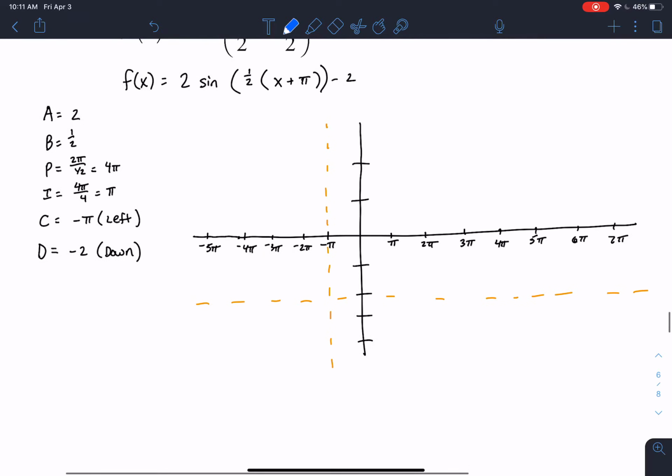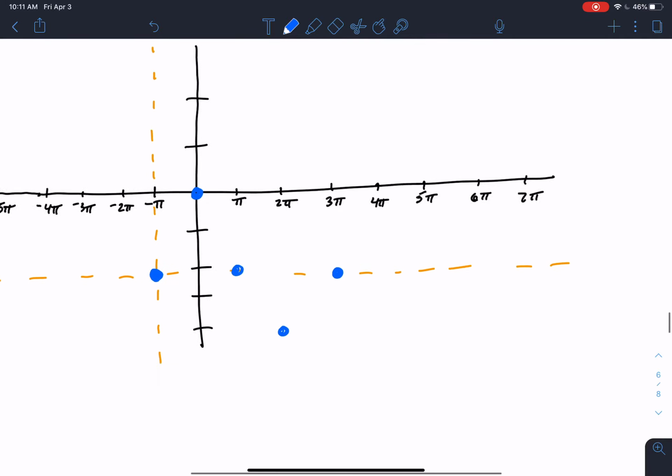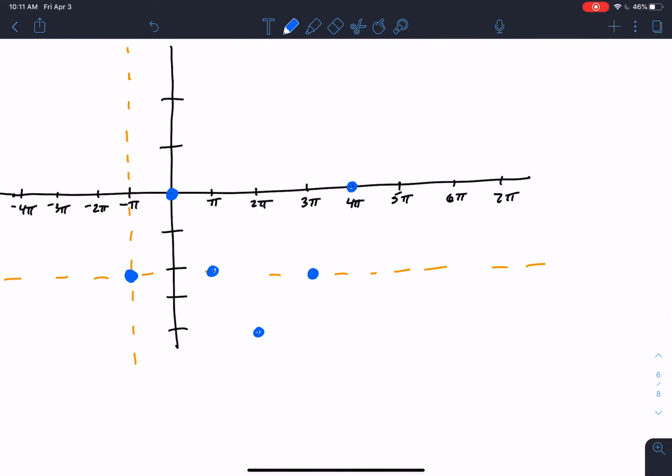Okay, so we have sine, so we're going to start at the axis here. Okay, so where those two intersect, right, that's your first point. That's your axis point. And then you're going to go up 2, so axis, high, axis, low, axis. Okay, so that's one period right there. And then high, axis, low, axis.